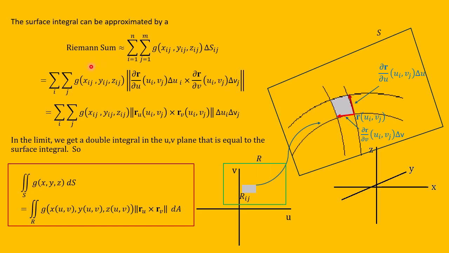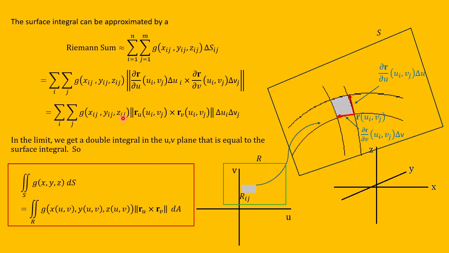And so the Riemann sum for the integral can be written this way. To make the notation a little simpler, let's write the partial derivative of r with respect to u as r sub u, and the partial derivative of r with respect to v as r sub v. And so we have this Riemann sum approximating the integral of g of x, y, z dS.